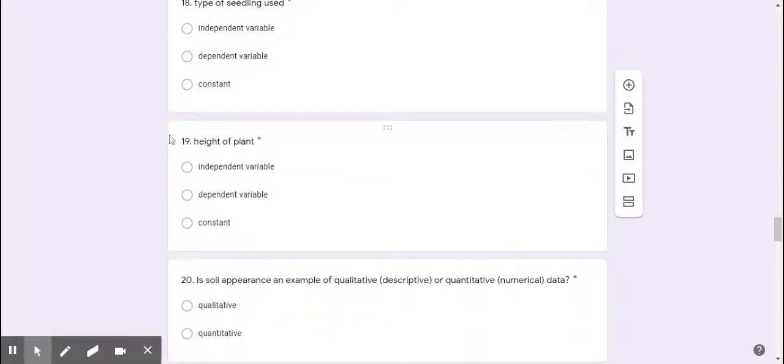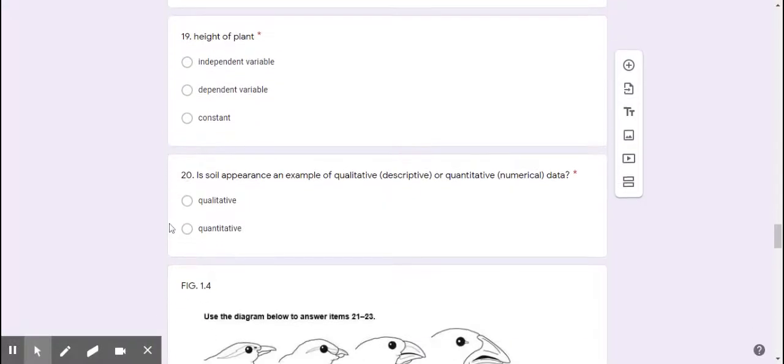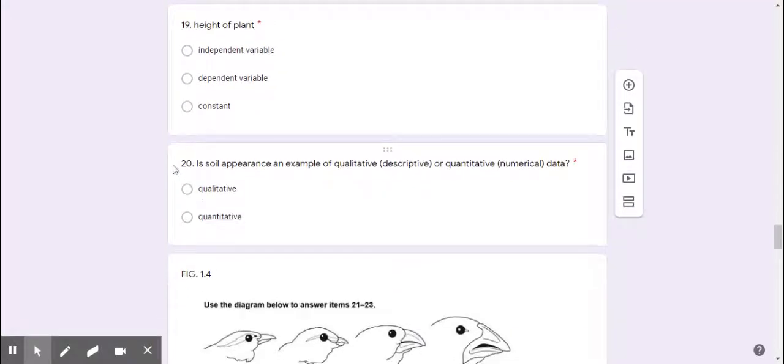And number 19 is the height of the plant. Is that the independent variable, dependent variable, or the constant? Number 20. Is soil appearance an example of qualitative, which is descriptive, or quantitative, numerical data? Is it qualitative or quantitative?